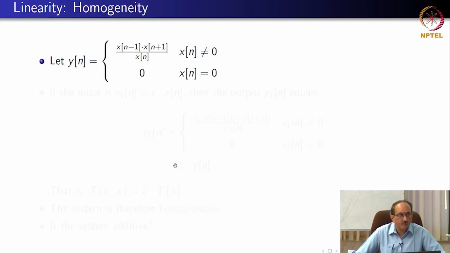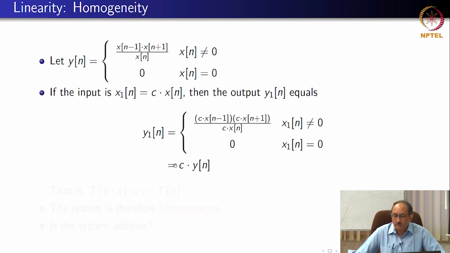Now let us consider this particular system. Y of n equals x of n minus 1 times x of n plus 1 by x of n, whenever the denominator is not 0 and 0 otherwise. Now if you take an input x1 which is c times x of n, you see that y1 of n turns out to be c times y of n, correct?